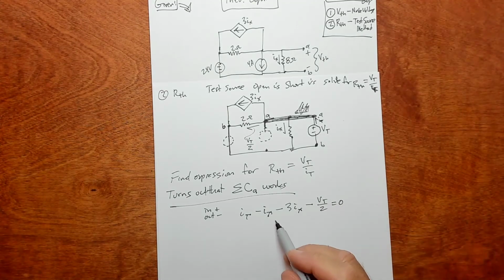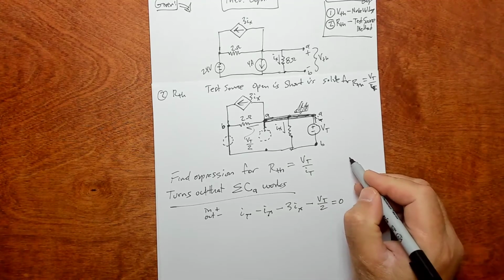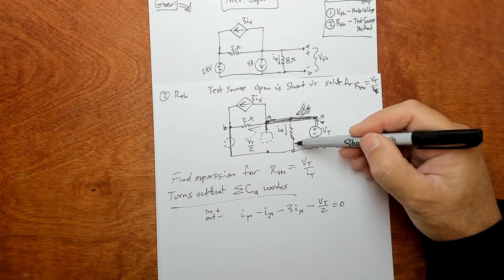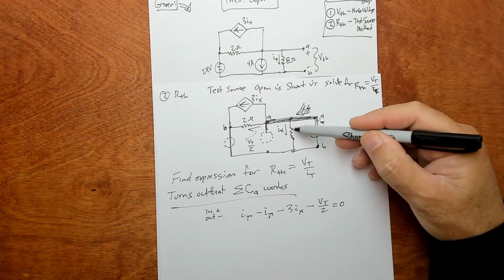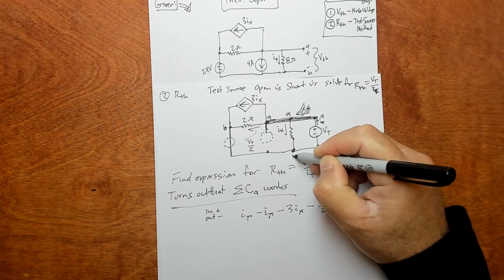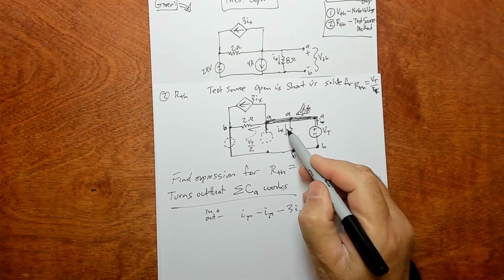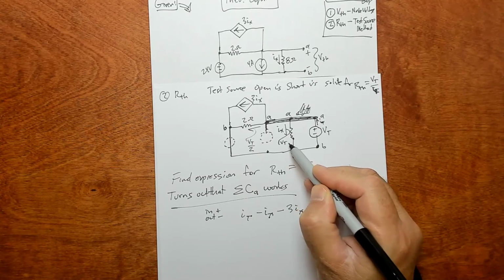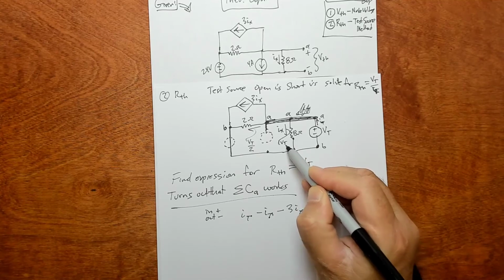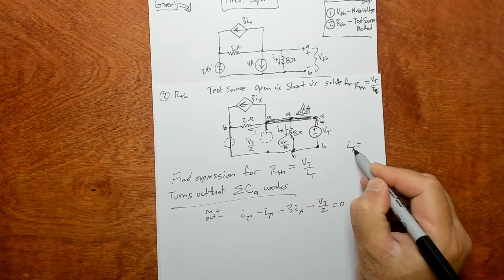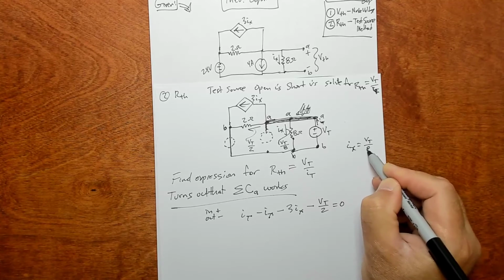We can get rid of I sub x because we can express I sub x in terms of Ohm's law, because I sub x is also across nodes A and B. So I sub x is V sub t over this resistor, 8 ohms. I sub x equals V sub t over 8.